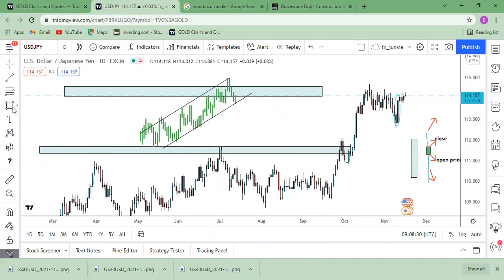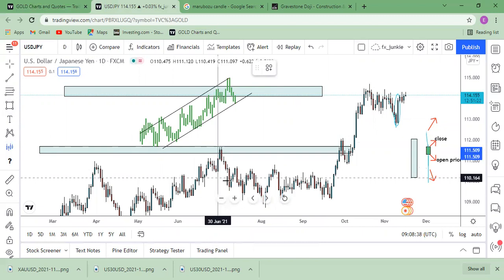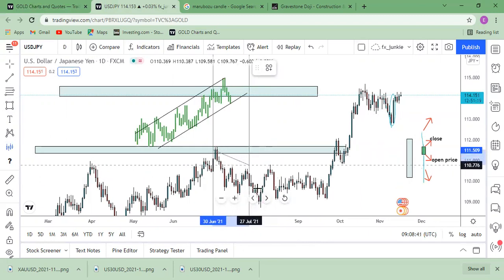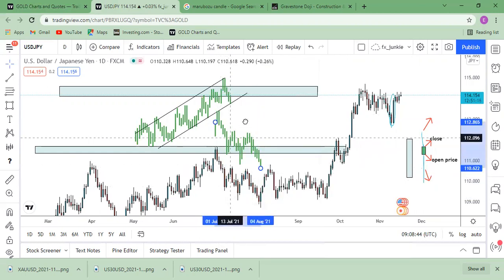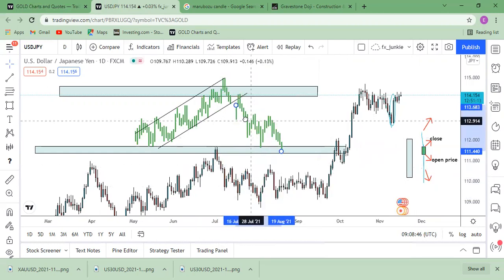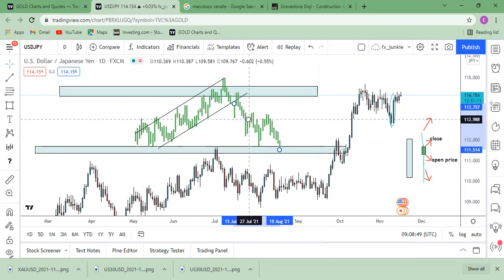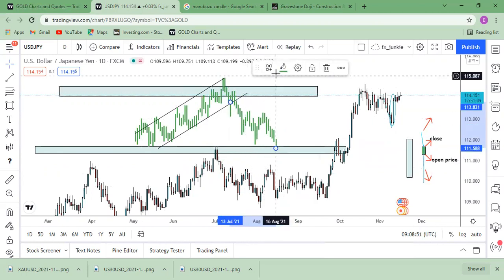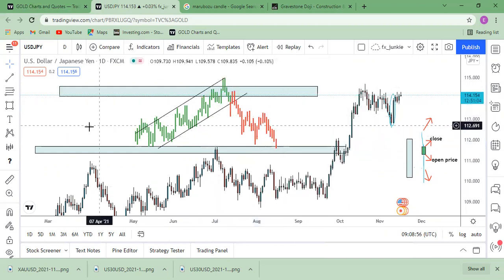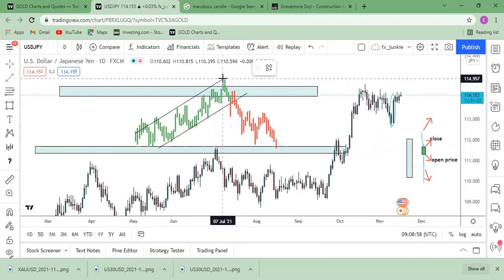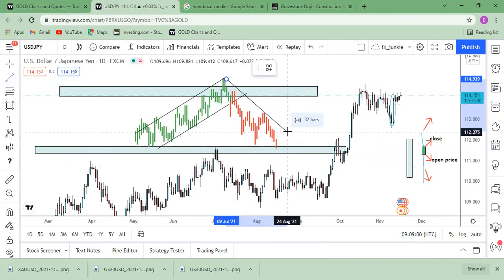So basically what we're looking for is a breakout to the downside, a retest, and a continuation. Something like this. In the market, you gotta always respect the levels of resistance.